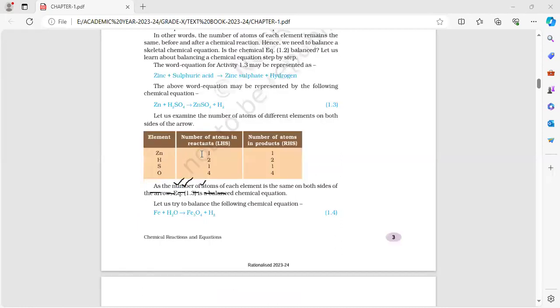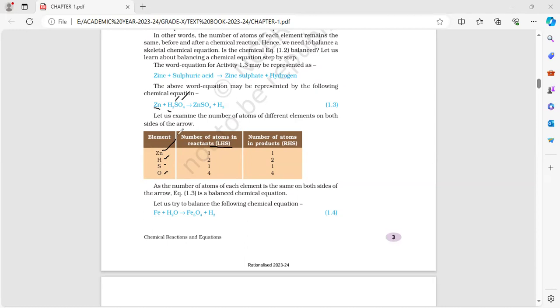In this table, first he has written all the elements: first zinc, second hydrogen, third sulfur, then fourth oxygen. These are the elements present in the chemical equation. The left hand side are called reactants.